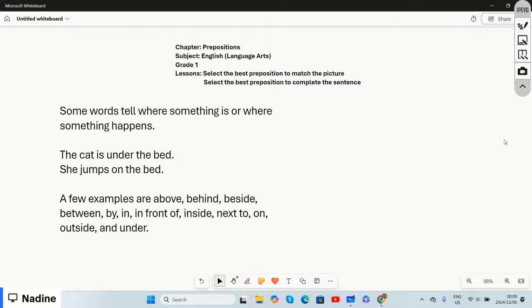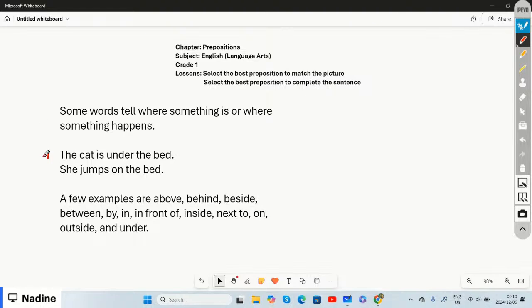And if we look at an example, it says, the cat is under the bed.